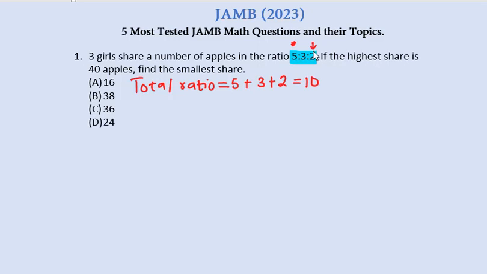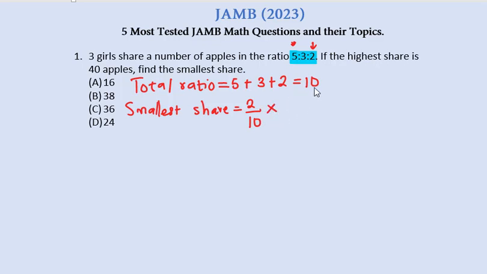So we are asked to find the smallest share, not the highest share, which happens to be 40. But okay, let's solve for the smallest share. So for the smallest share, we'll have the ratio of the smallest share, 2, divided by total ratio 10, multiplied by total number of apples shared.